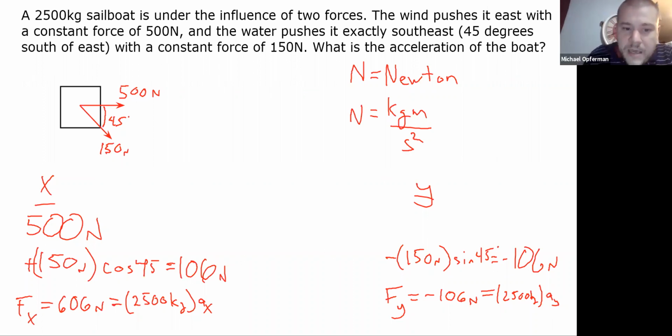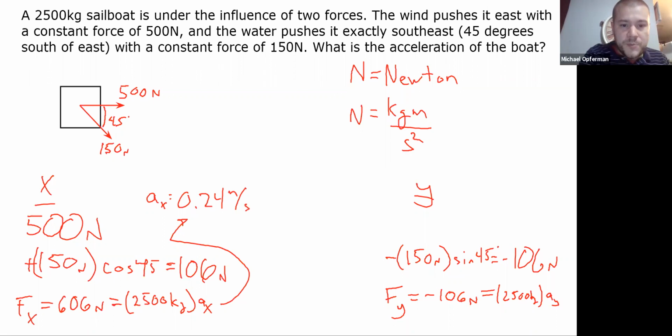So then that means that AX equals 606 divided by 2,500, which is positive 0.24.